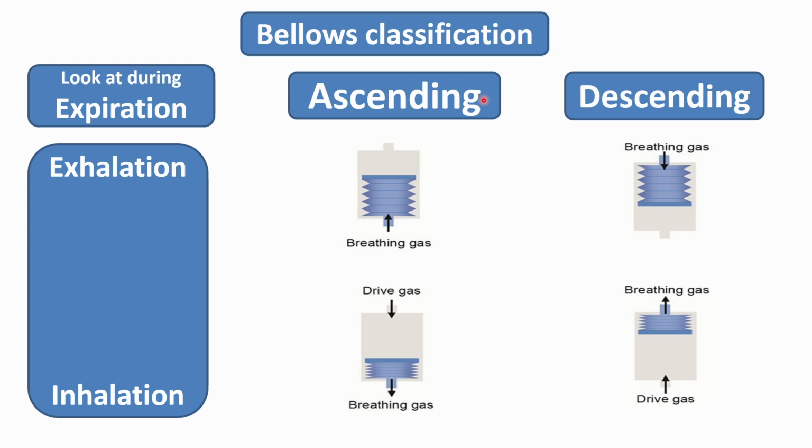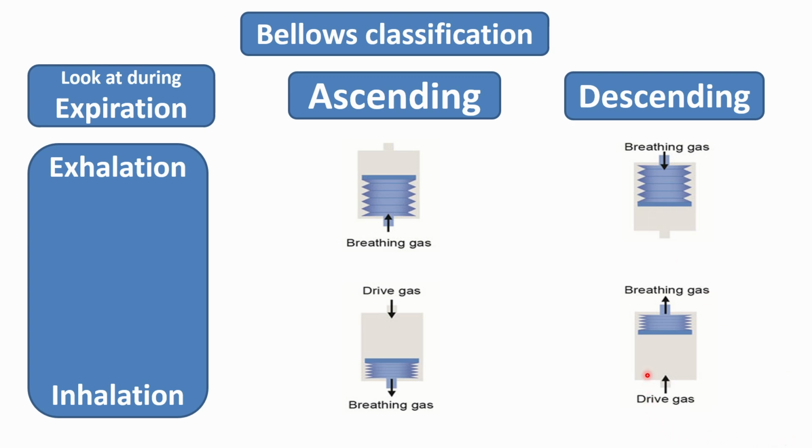Here we have a very common question: which is better, descending or ascending? Ascending is better than descending. Why is it better? Because it's safer. During this connection, you can detect that this pillow is pressed downward by driving gas. There is no expiratory gas to allow this pillow to ascend, unlike the descending one, which will descend by gravity.